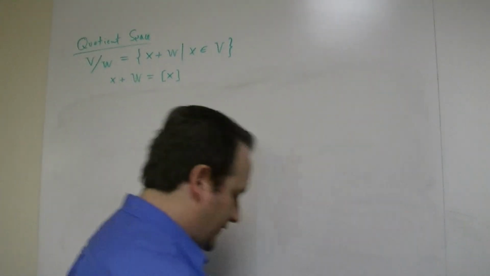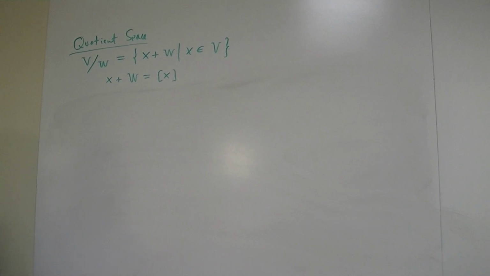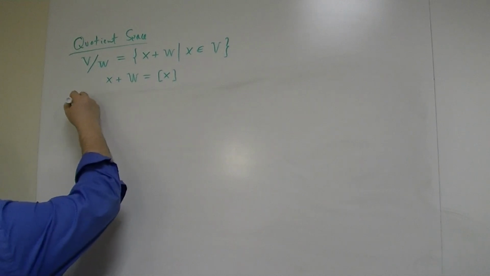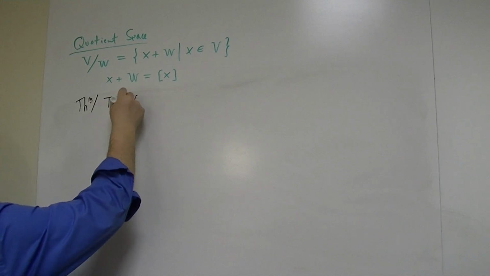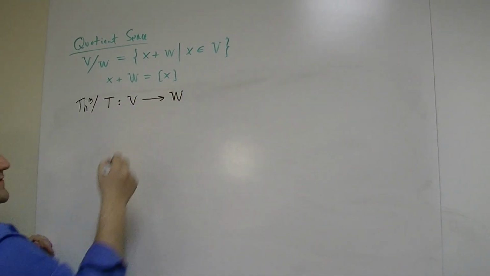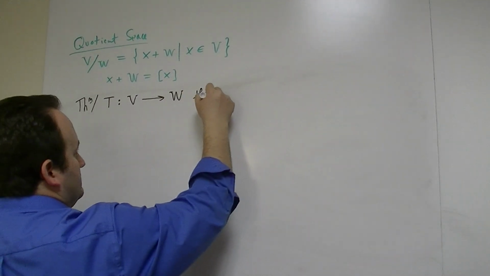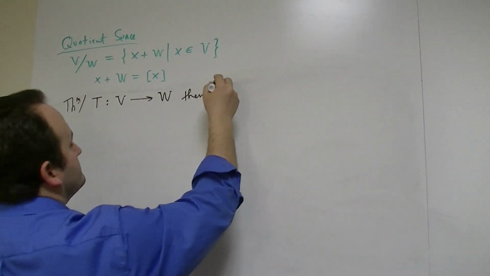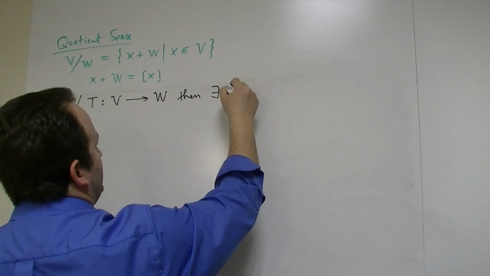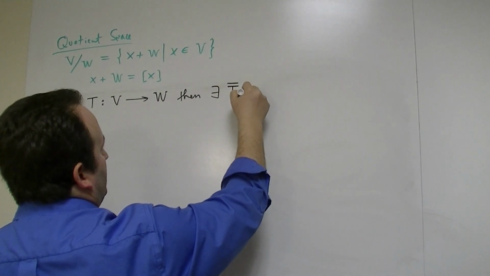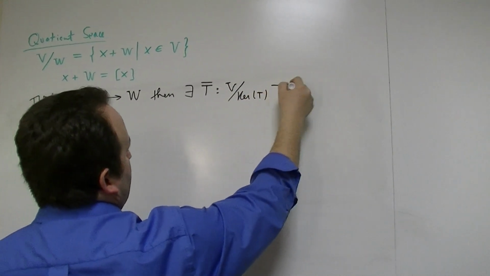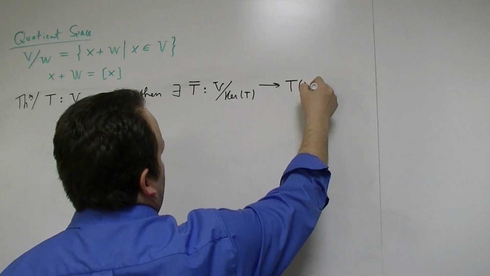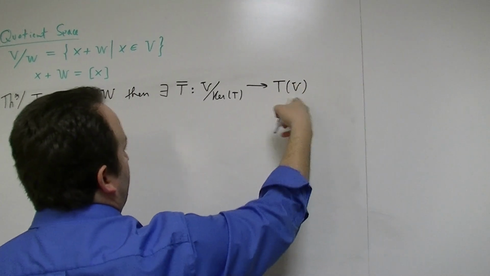Okay, so I just showed you how we can modify the domain of a mapping and make it into an injection. It turns out that we can do that in general. So here's the theorem. If T is a linear transformation from V to W, V and W vector spaces, then there exists T bar, a mapping from V mod the kernel of T to the image of T. That's the range; we called that the range of T earlier.